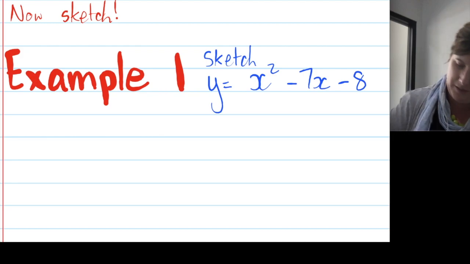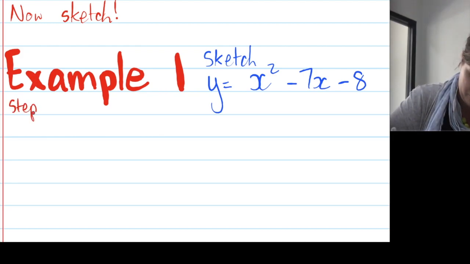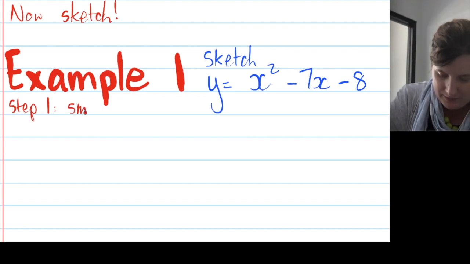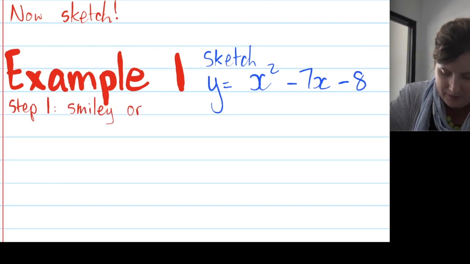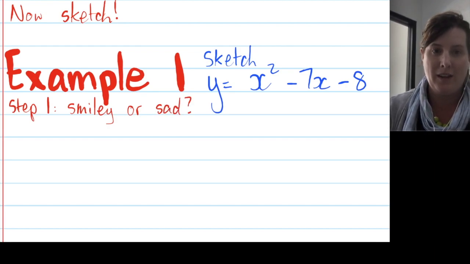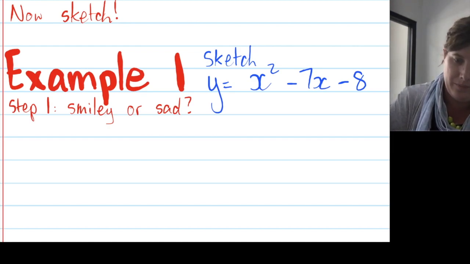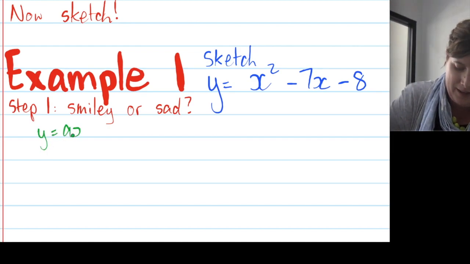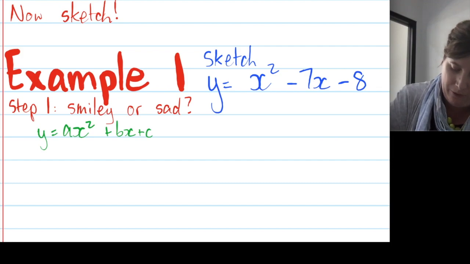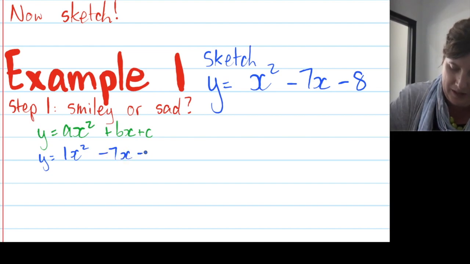So, first step, step 1. Smiley or sad? So if we have y equals ax squared plus bx plus c, that's like the generic form. And for our equation, it's y equals 1x squared, take 7x, take 8.